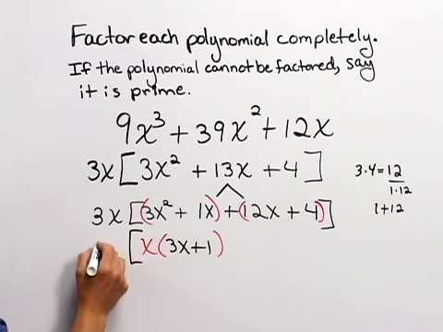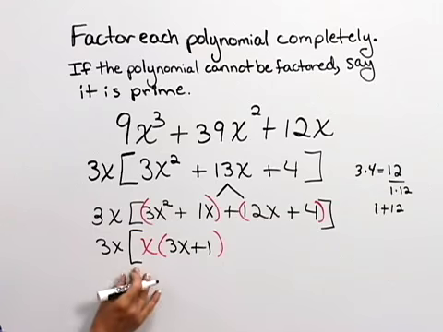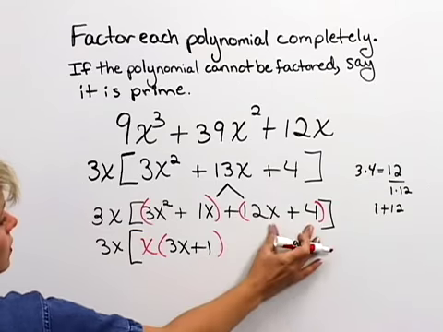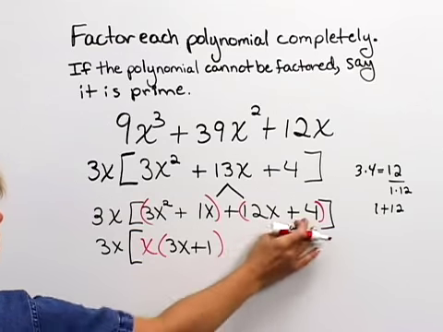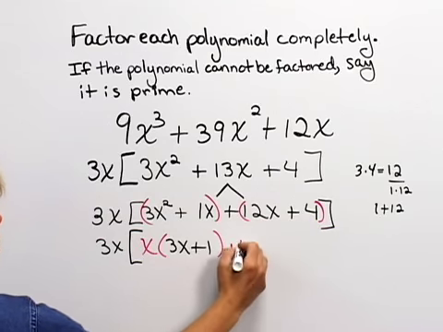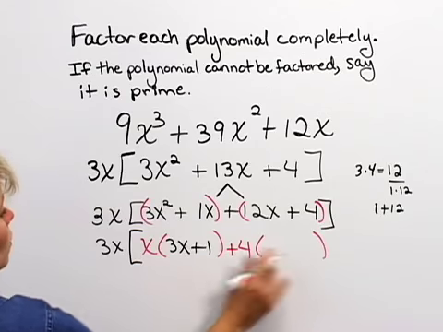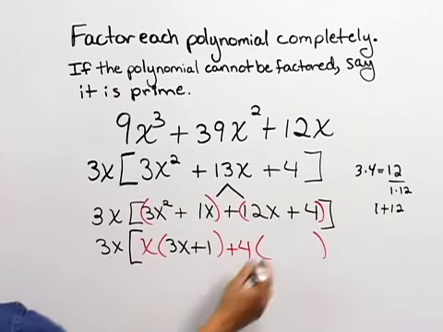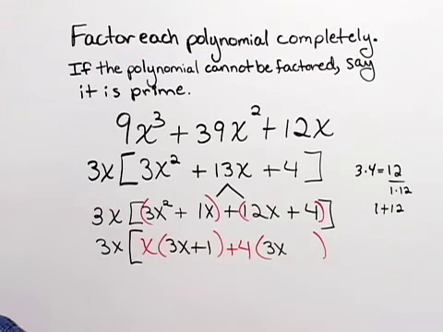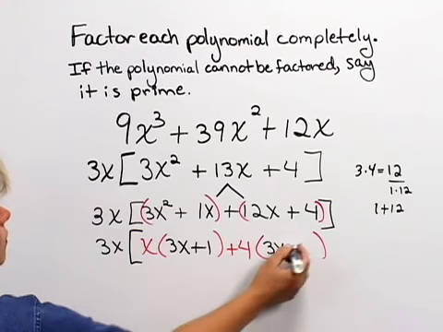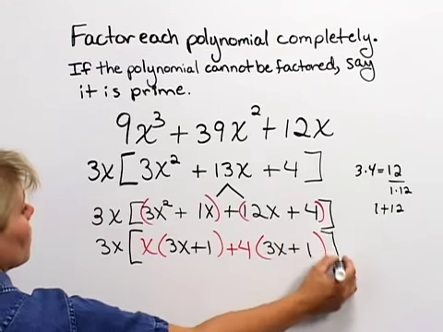We're going to continue carrying down our 3x out here and separate it from what we're working with using a square bracket. Notice in the second parenthesis here, we have 4 in common to both things. Let's factor that out. 4 divides into 12x, 3x times. 4 divides into 4, 1 time.